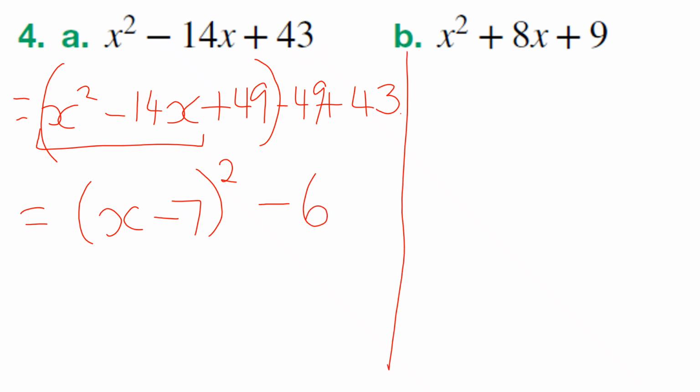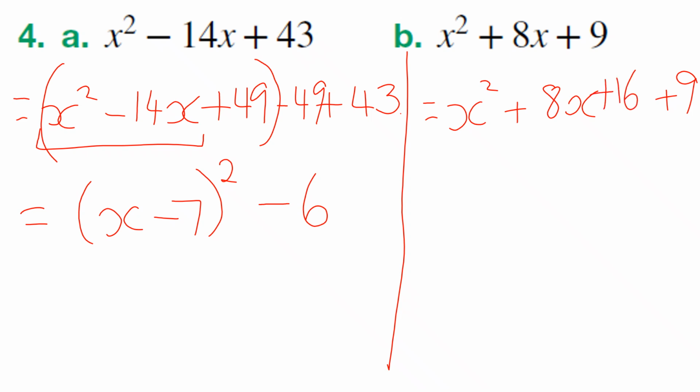One more. We've got x squared plus 8x plus 9. Put that 9 over to the side. And we're going to have to add half of 8 is 4. We square it to make 16.